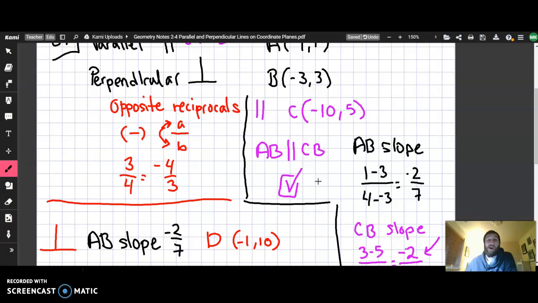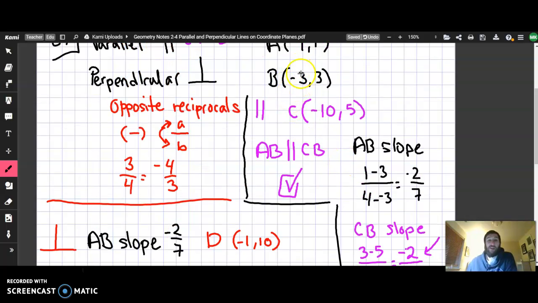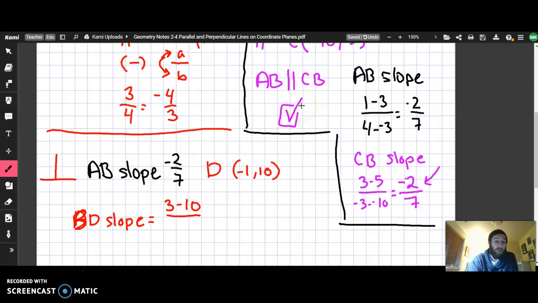First, our y's, 3 minus 10, the change in y's over the change in x. Negative 3 for our x minus negative 1. Let's do that subtraction. 3 minus 10 is a negative 7. On the bottom, negative 3 minus negative 1. Two negatives make a positive, so it's really negative 3 plus 1, which is a negative 2.